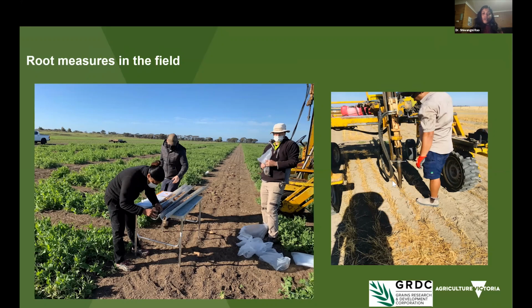So it's a lot of manual labor, it's a lot of time investment, energy investment, and yeah. So a way to save on this was to use the root imager CI600. If we have them installed, we don't have to take the core out every time.